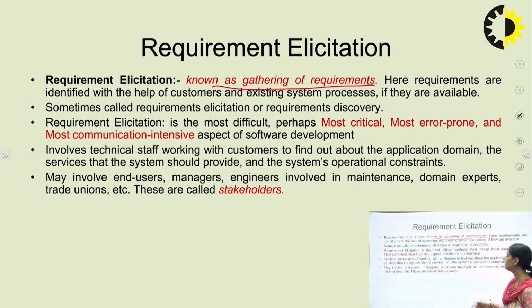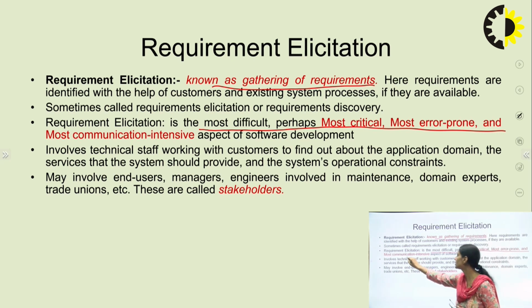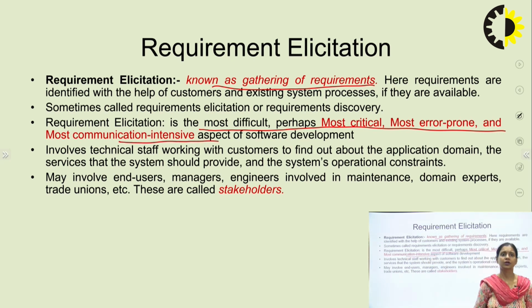Now, we realize that it is the most difficult, the most critical, error prone and the most communication intensive process, because if the requirements are not gathered properly and not analyzed properly, then at a later stage the quality of the software will be affected.